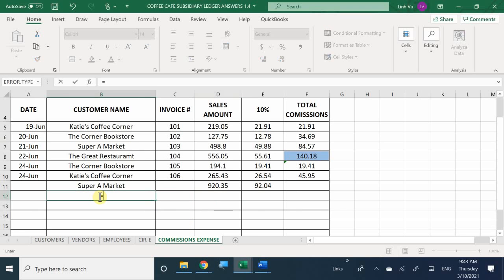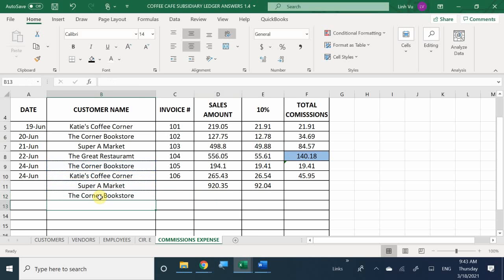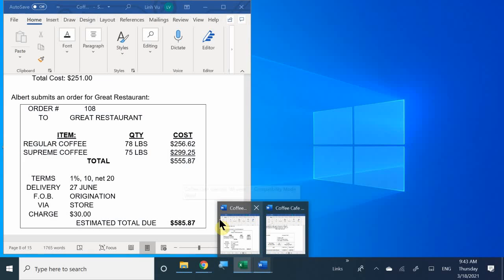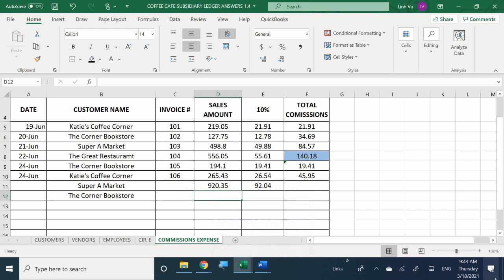So once again, this is the Great Restaurant. Okay. For what total amount is this sales order due for? 585.87. Okay. Oh, it's calculating my stuff for me. We haven't even done it yet.